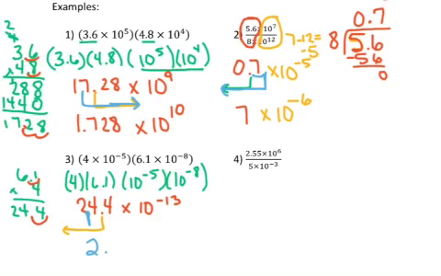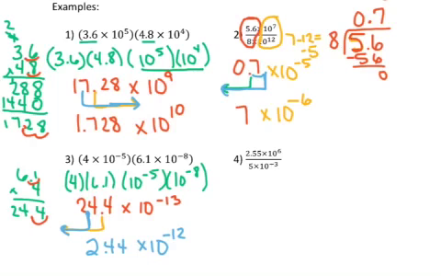So it's 2.44 times 10 to a power. Before I had to move it 13 times to the left, but I already moved it 1 time to the left, so that means I now only have to move it 12 times to the left to be in the same spot. So that is my answer, 2.44 times 10 to the negative 12.